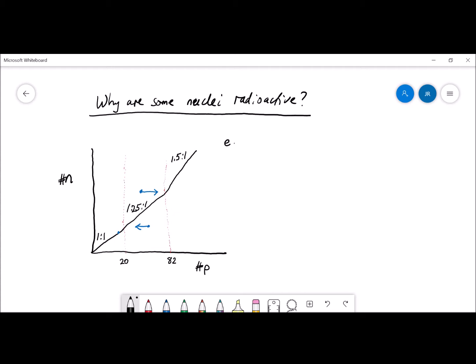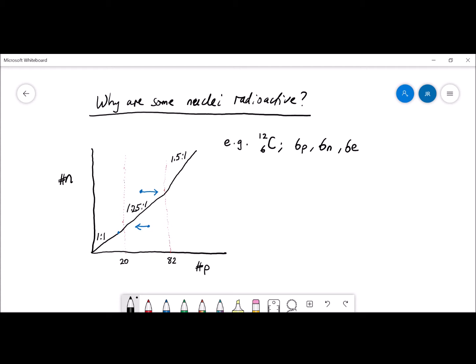So let's look at carbon, carbon-12. And if we break this down, we know we have 6 protons. We've got 12 minus 6, which is 6 neutrons. I've got 6 electrons. We're not really interested in electrons here because we're looking at the nucleus.